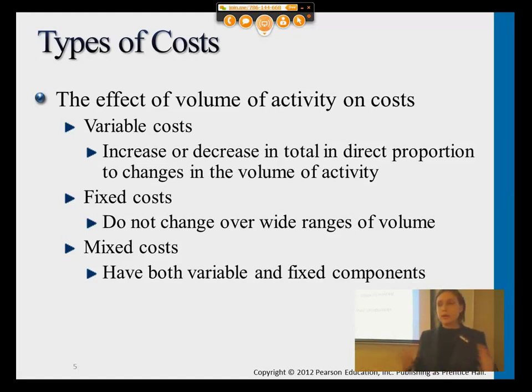So if my production is increasing and I'm still utilizing the same amenity, then yeah, my cost is not changing. But what if I'm increasing so much that I need to rent another one? Then my fixed cost is going to change. So remember this. We'll talk about when there is a relevant range, okay, when fixed cost does not change with volume, right? So keep that in mind.